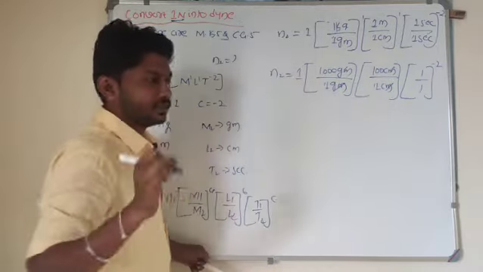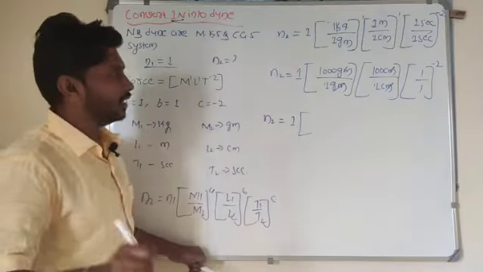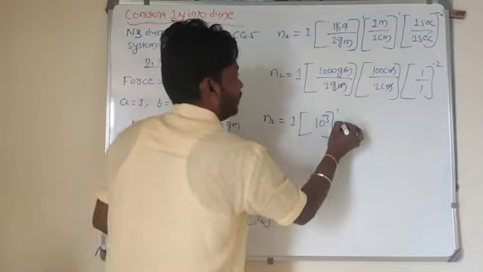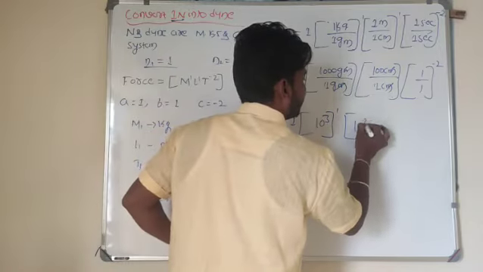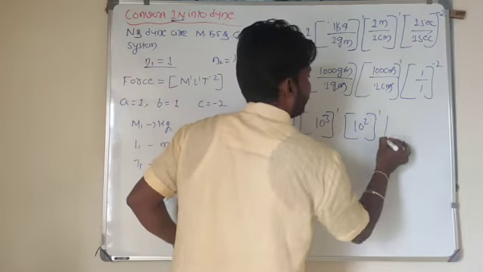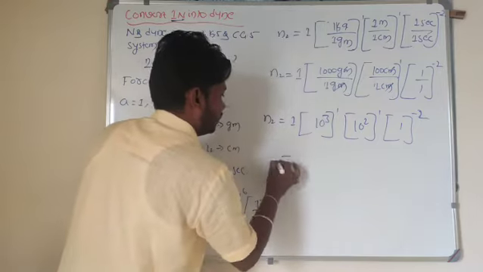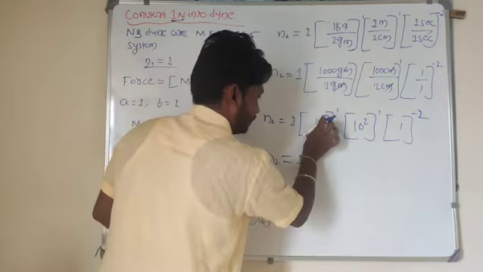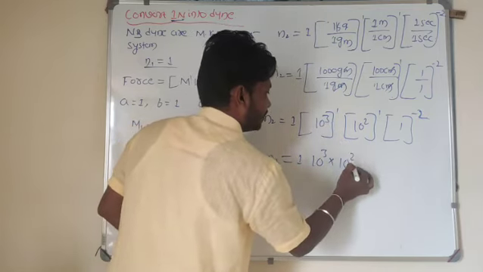Gram and centimeter terms will get canceled out here. So N2 is equal to 1 into 1000, which I will take as 10 to the power of 3 whole to the power of 1. 100 means 10 to the power of 2, here whole to the power of 1. Okay. N2 is equal to 1 into 10 to the power of 3 whole to the power of 1, into 10 to the power of 2.